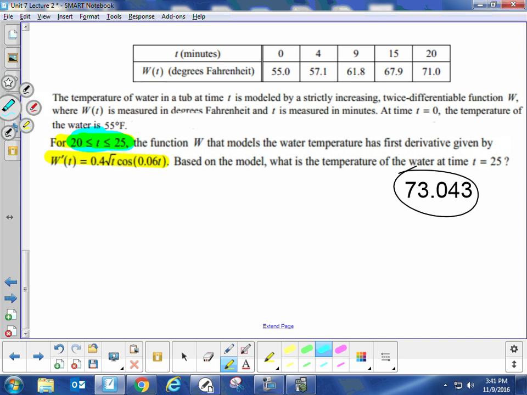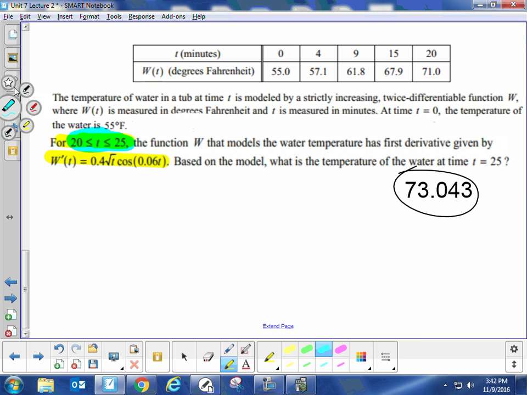That's important. If you got 74, that's not exactly right. We're used to having 0, but in this case, good.